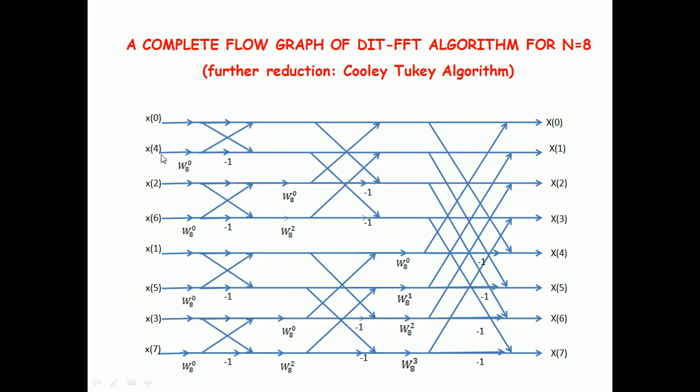According to which method? In-place computation method. Okay, instead of x of 2 again x of 2, instead of x of 3 x of 6, instead of x of 4 x of 1, instead of x of 5 it is x of 5 only, instead of x of 6 it is x of 3, instead of x of 7 it is x of 7 only.